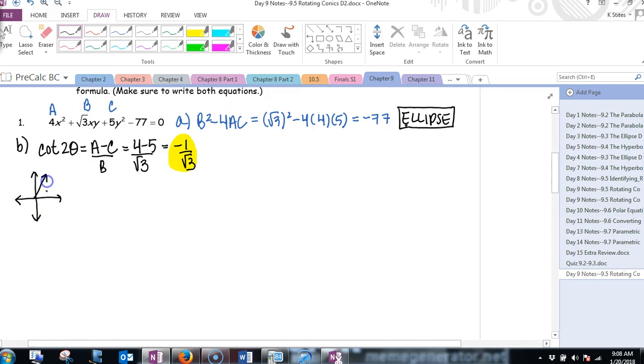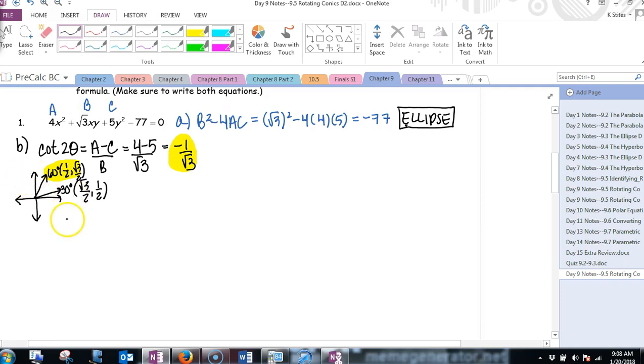In any case, here's what I'm trying to say. Unit circle. This is 30 degrees. You would be at root 3 over 2, 1/2. And at 60, you'd be at 1/2, root 3 over 2. The location where my cotangent is 1 over root 3, remember cotangent is x over y, would be 60. Okay, but since you're dealing with a negative, we can't be in quadrant 1, we have to be in quadrant 2.